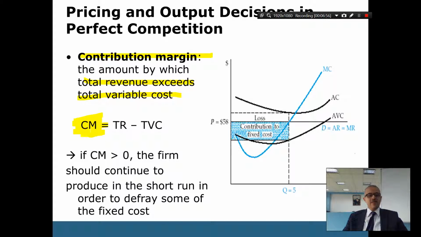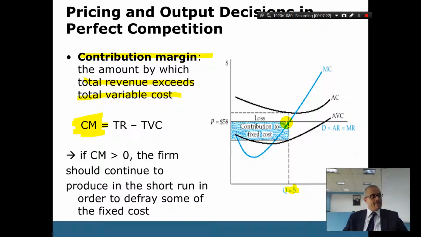Contribution margin is every money that is above your average variable cost, that is going to recover some of your average fixed cost. So in this example, why did we do 5? Because 5 is the point where MC equals MR.